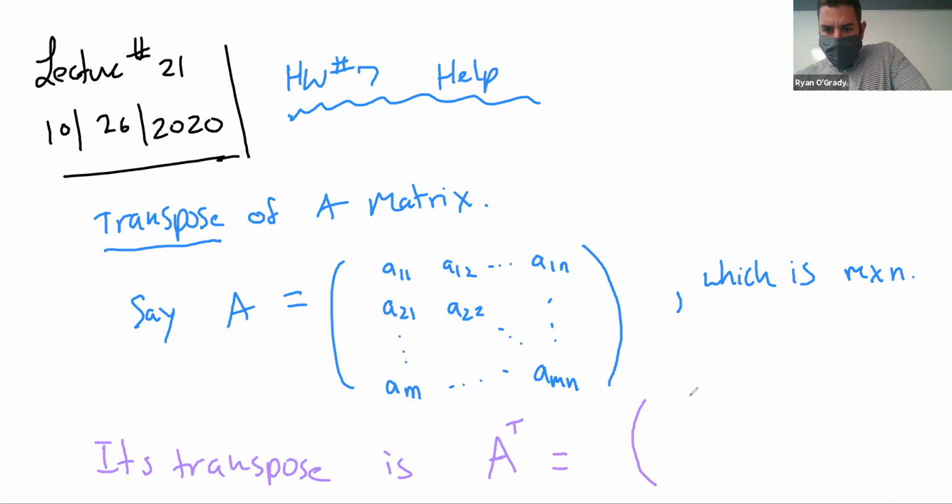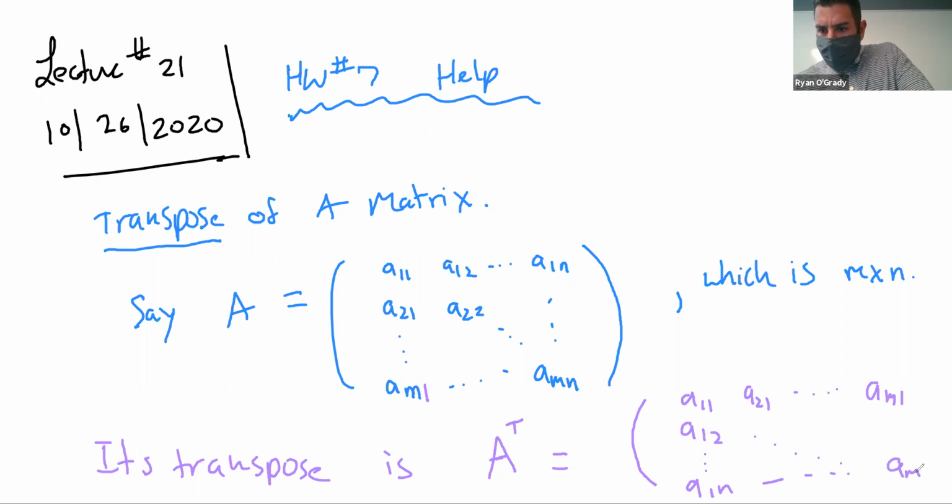So this would be A sub 1,1. But then this would be A sub 2,1, all the way out to, by the way, A sub M,1, and then this comes down, this would be A sub 1,2, and this comes all the way down to A sub 1,N, and then the diagonal entries are the same.